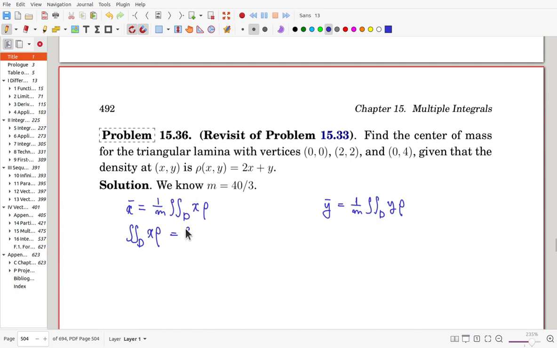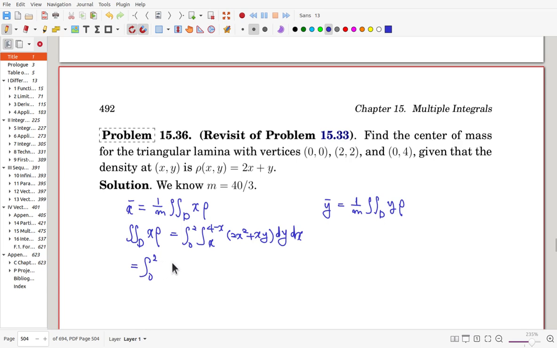That is from 0 to 2, and bottom y is x, top y is 4 minus x. And x times 2x plus y, so that is 2x squared plus xy, right? And dy and dx. For this one, now from 0 to 2, and y directional integration.